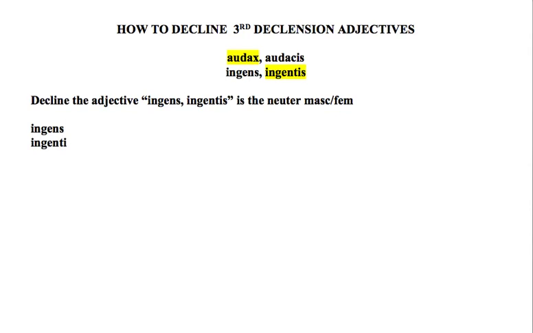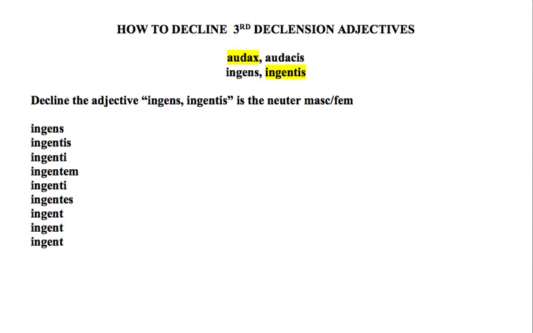The genitive form is ingentis. I'm going to remove the is to get my base. And then I'm going to go back and add my third declension masculine and feminine adjective endings.